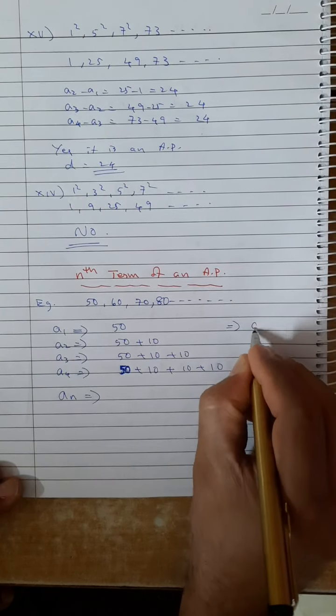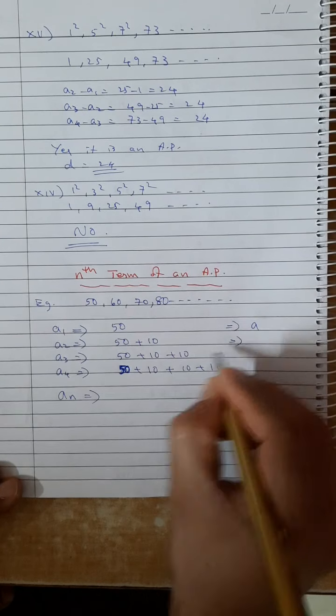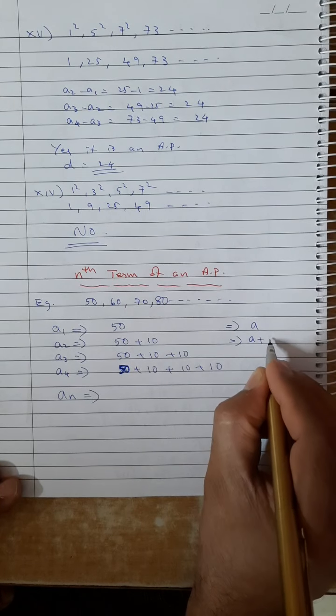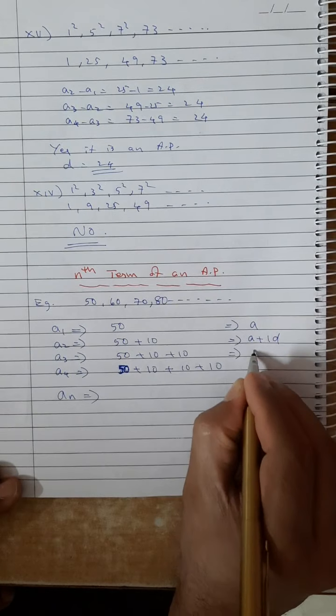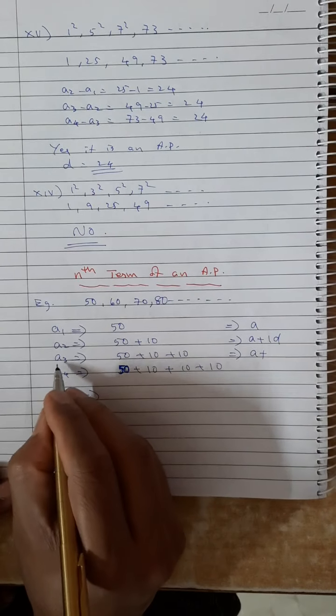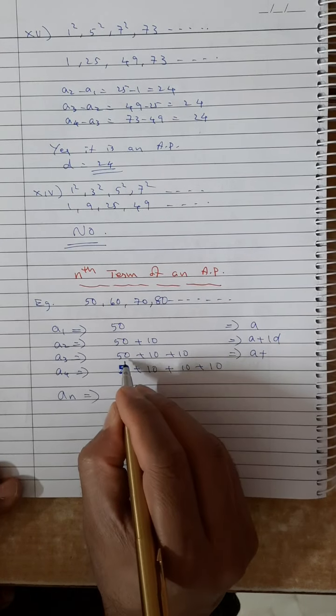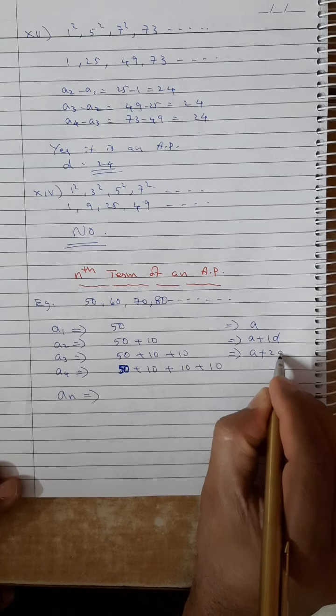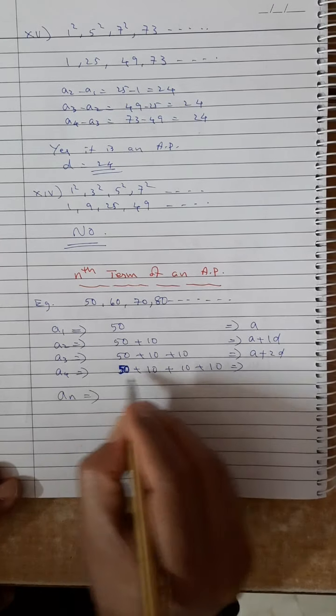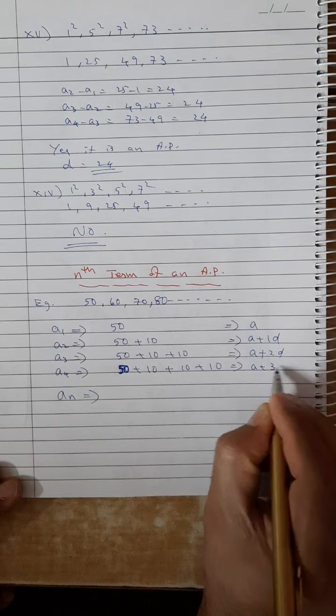A1 is a only. A2 means a plus 1 times d, 1d. A3 means a plus 2 times d. A4 means a plus 3d.